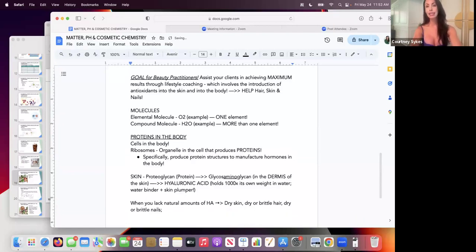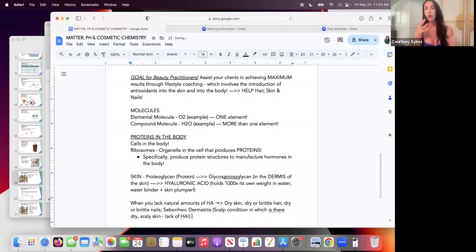And then some skin conditions you might be aware of would be things like seborrheic dermatitis. That is a scalp condition, in which there is dry, scaly skin on the scalp, but it's usually a lack of HA, a lack of hyaluronic acid.